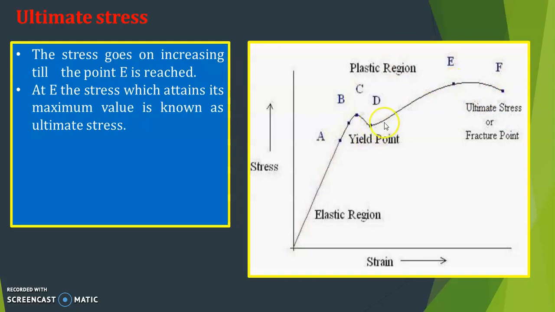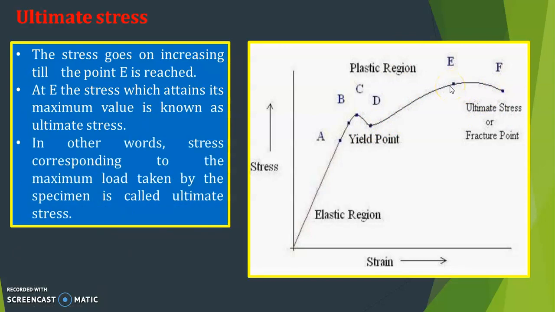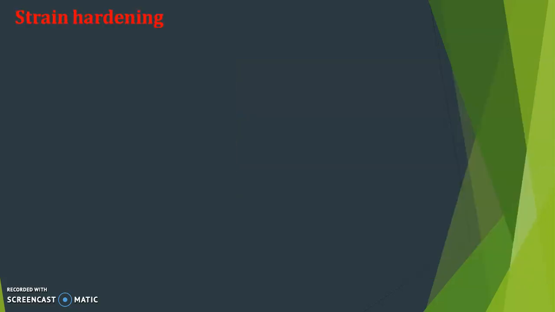If you increase the load again, the stress goes on increasing till this point is reached. In other words, stress corresponding to the maximum load taken by the specimen is called ultimate stress.